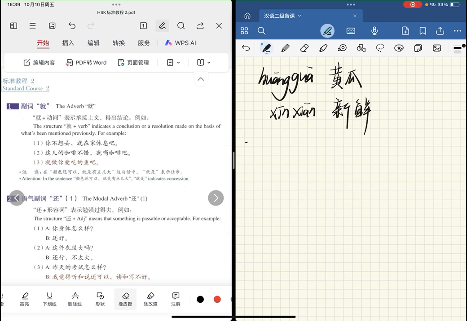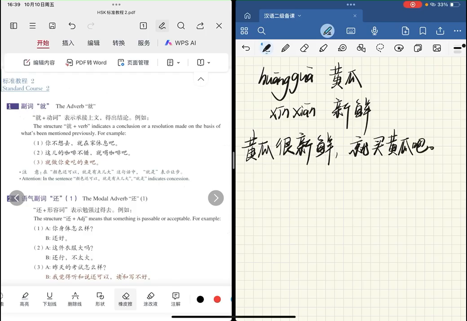So now we know 黄瓜很新鲜 is the situation, and then you decide to buy it, and you can say 就买黄瓜吧。The cucumbers are fresh, so let's buy cucumbers.